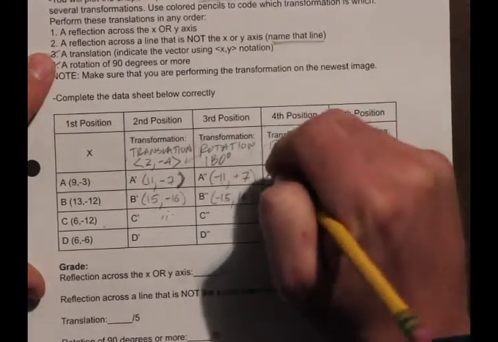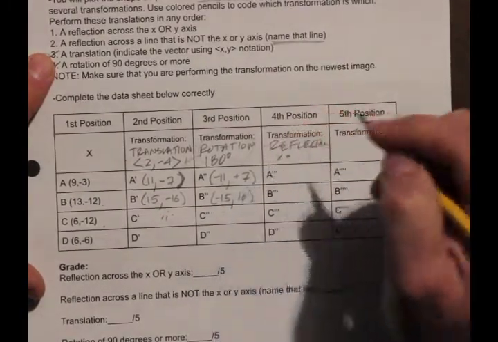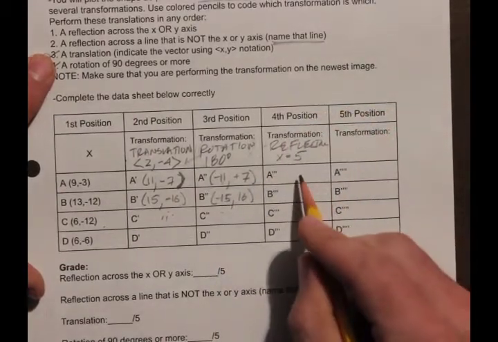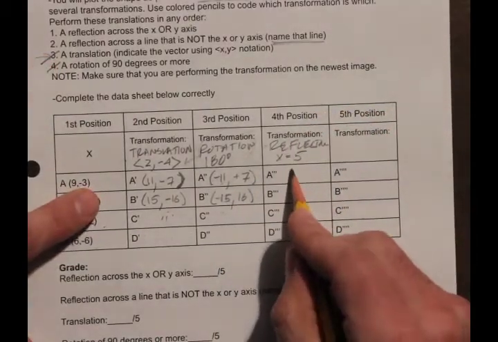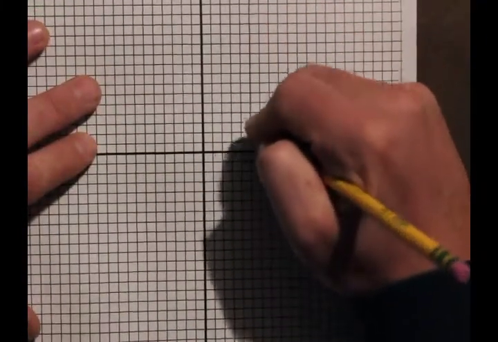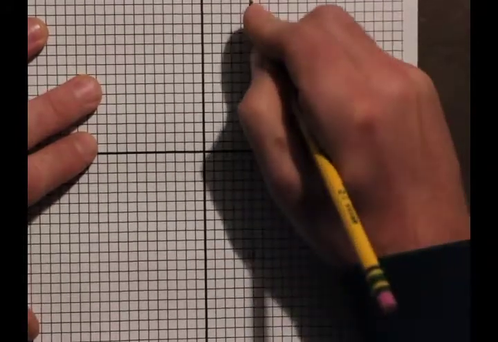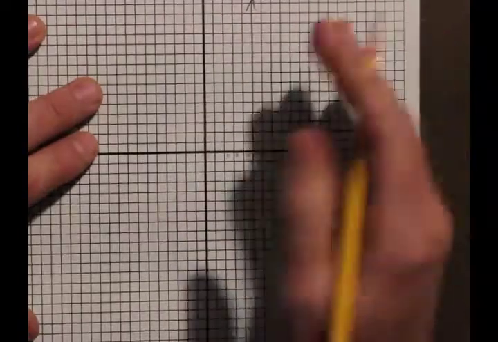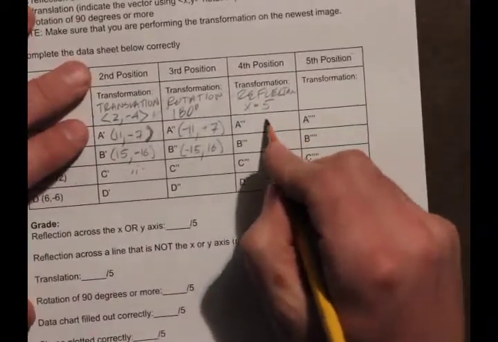So the line I'm going to do is x equals, let's say x equals 5. And so when I find x equals 5 on the graph, that would be right here. And I'd take my shape, I'd reflect it across x equals 5, and I'd put my new points right here.